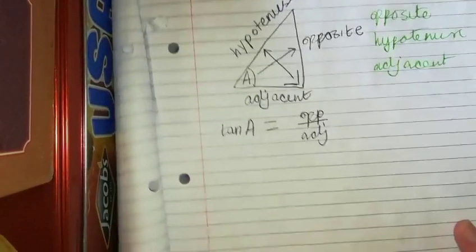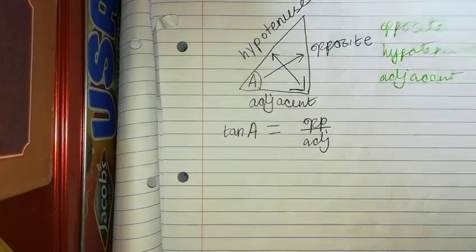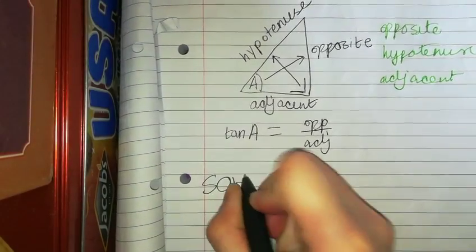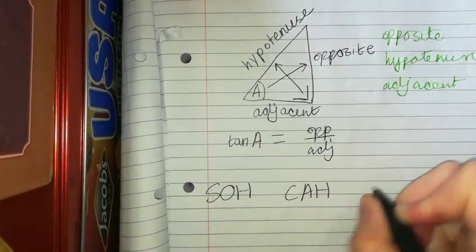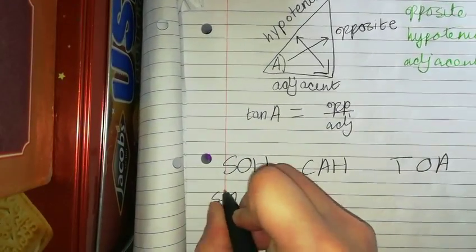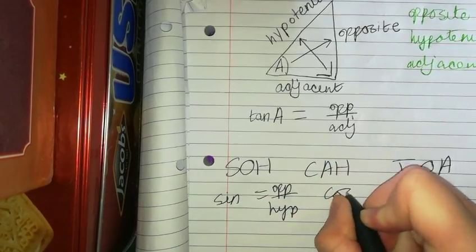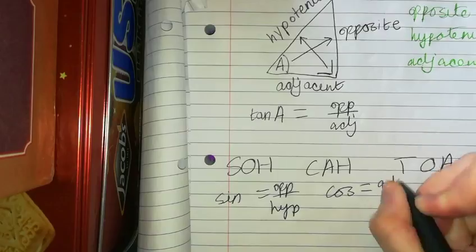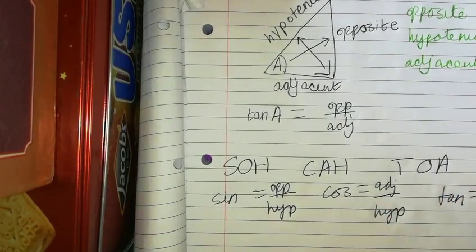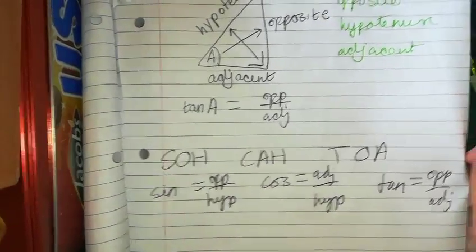There's a rhyme we can learn off if we don't want to use our log tables, but we have our log tables in the exam. The rhyme is SOH CAH TOA. Sin is the opposite over the hypotenuse, cos is the adjacent over the hypotenuse, and tan is the opposite over the adjacent. But we can check and use our log tables as well.